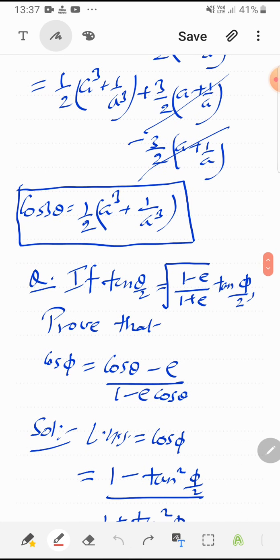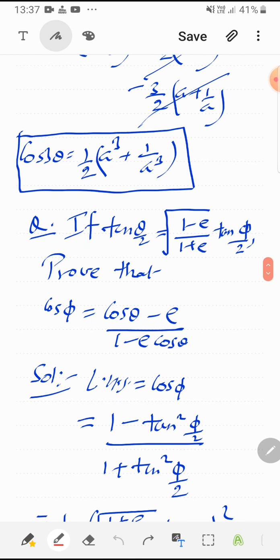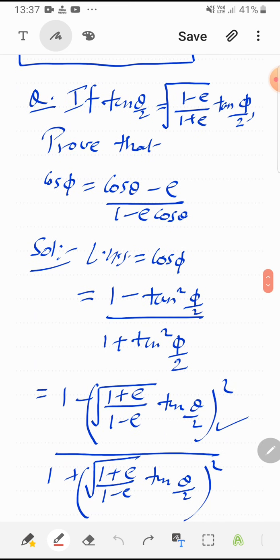Next is: if tan theta by 2 is equal to root of (1 minus e) upon (1 plus e) into tan phi by 2, where the root is not on the tan phi by 2, then prove that cos phi is equal to (cos theta minus e) upon (1 minus e cos theta).